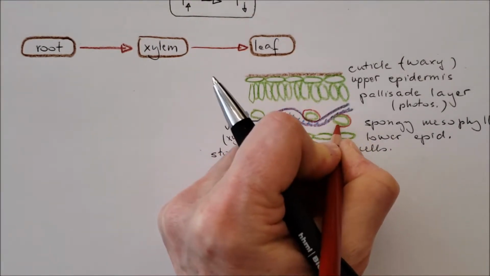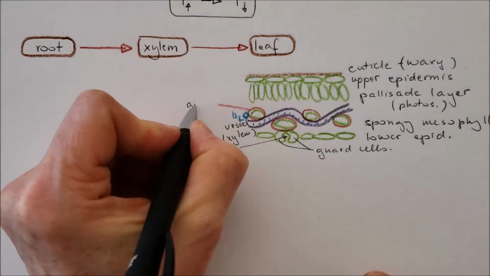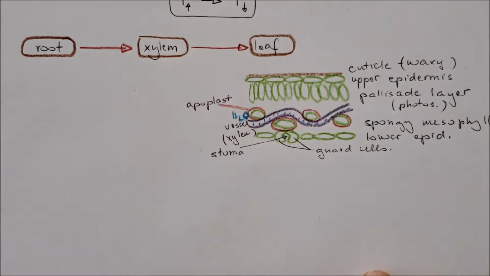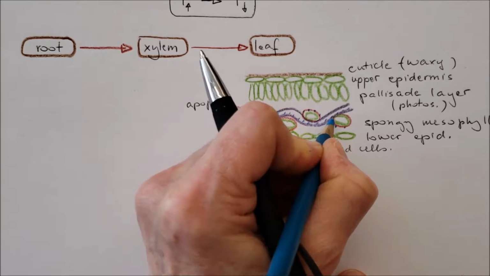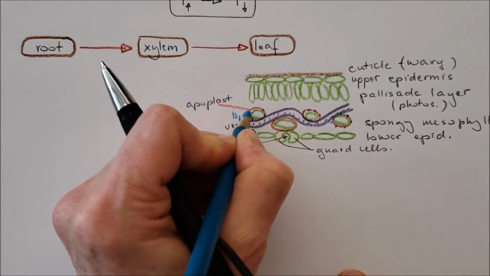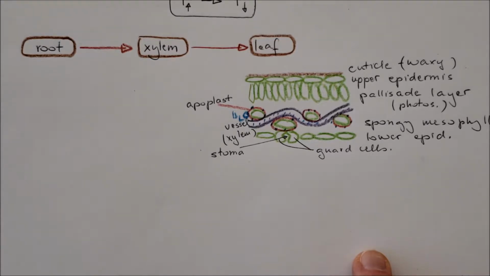So around the mesophyll cells, the spongy mesophyll cells, are the apoplasts. The apoplasts are made out of cellulose, so it's kind of the cell wall, and it binds the water and takes the water out from the xylem.